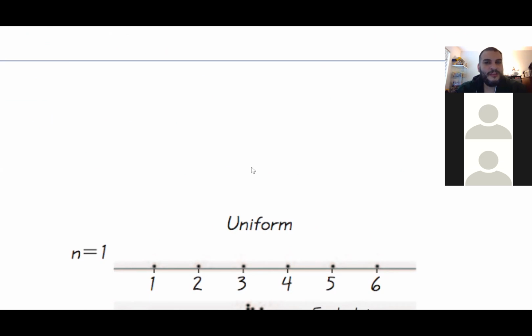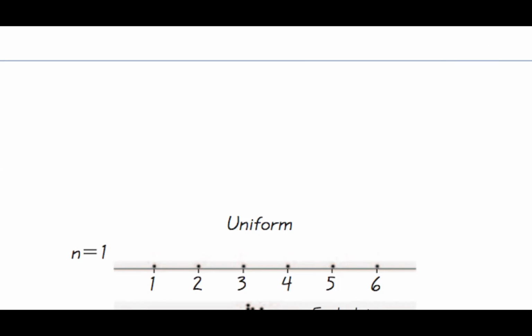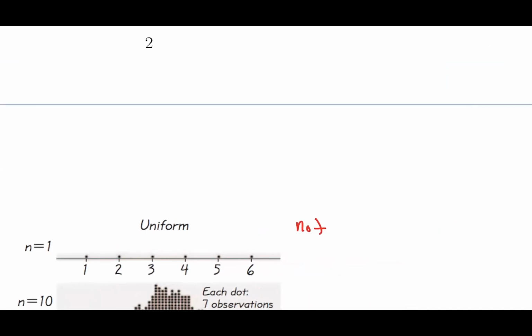Well, no, because everything's the same. If you look at it, there's no peak on this. It's essentially just all the same. So this one is not normal. So we'll say not normal.